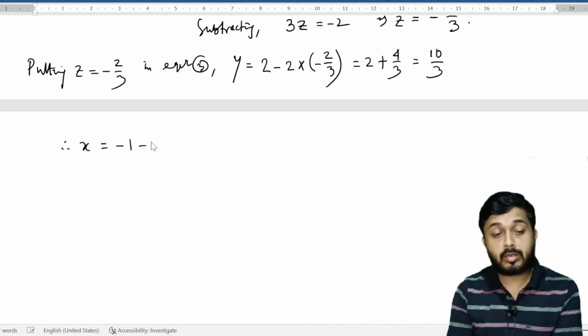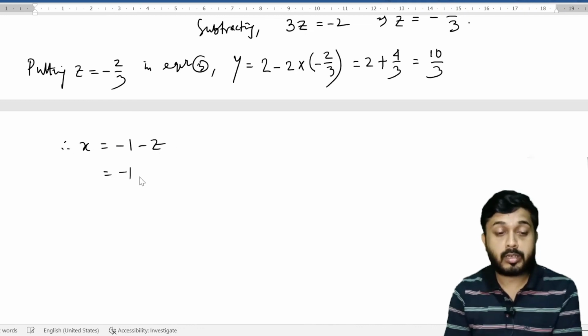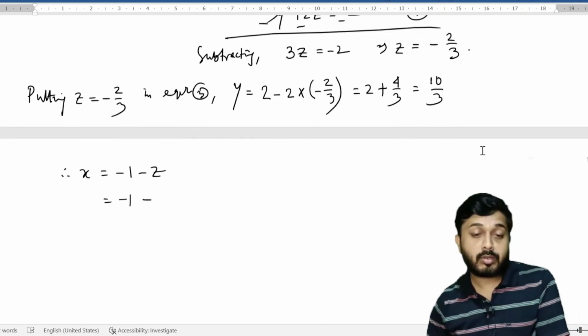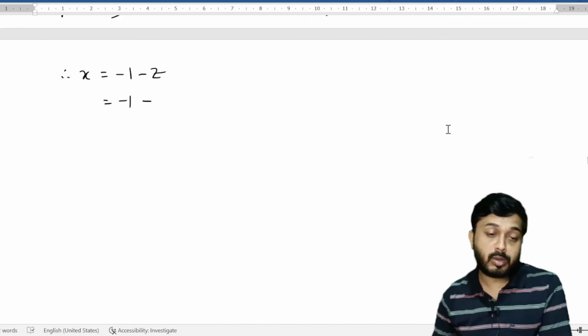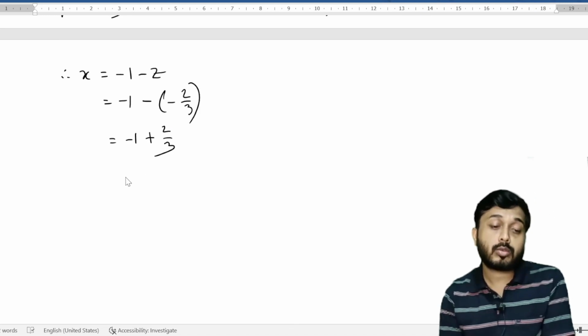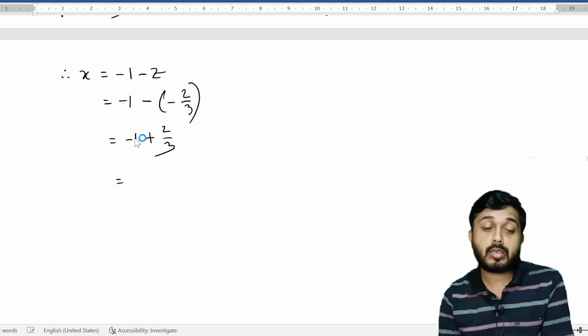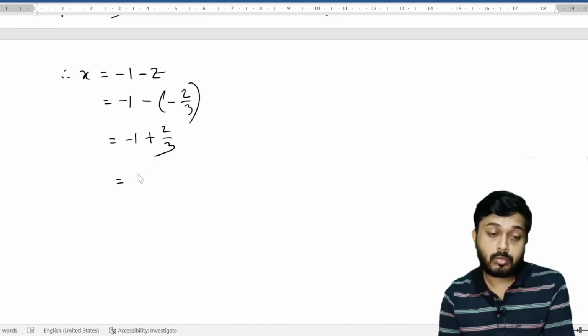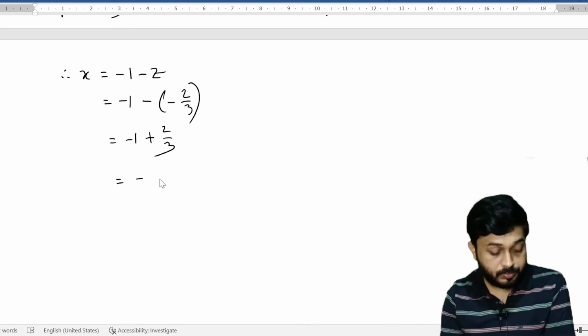X equal to minus 1 minus z, that is minus 1 minus, what is the value for z, as we got minus 2 by 3. All right, so minus 1 plus 2 by 3. Okay, so minus 3 plus 2 is minus 1 by 3.